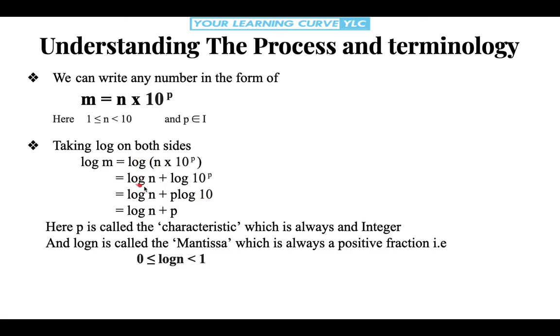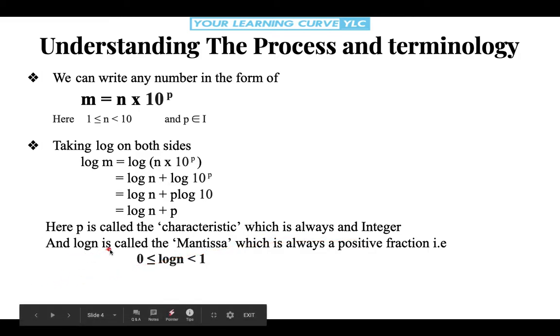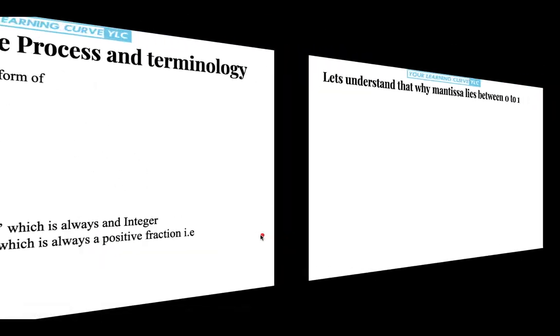As we all know that if log is written the base is 10, then log 10 to the base 10 is 1. Therefore, log m is equal to p plus log n. Here p is called the characteristic, which is always an integer, and log n is called the mantissa, which is always a positive fraction. That is, this log n lies between 0 to 1. It can be equal to 0 but never equal to 1.